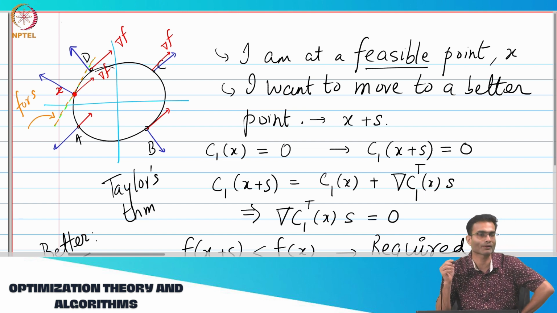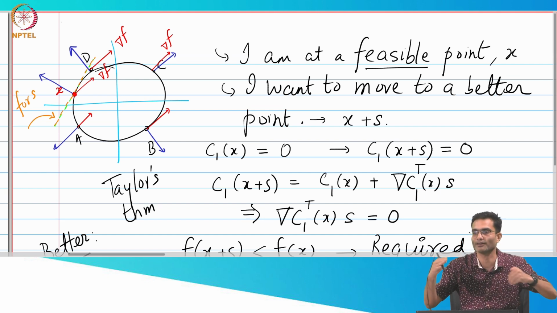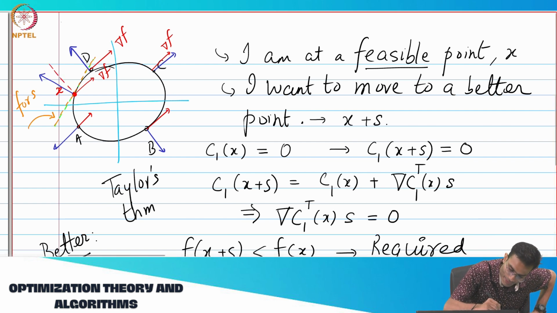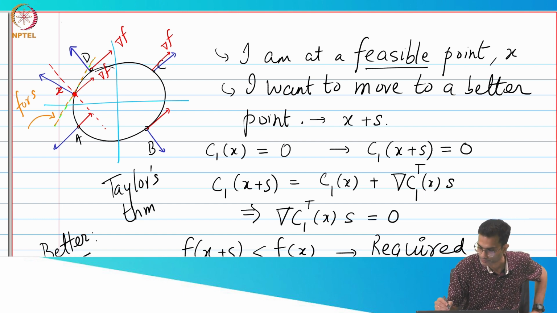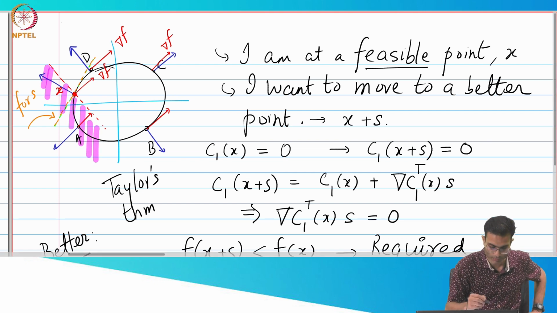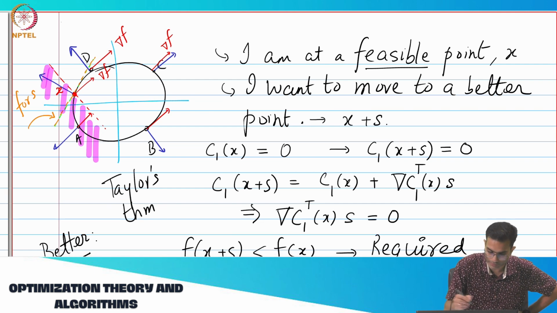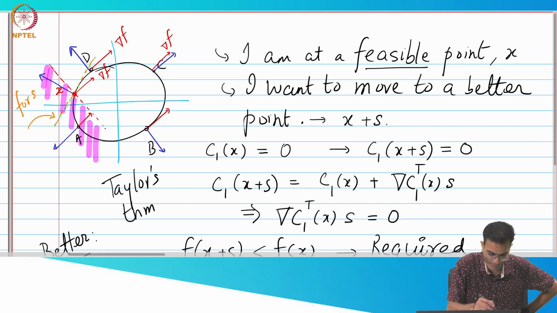So how do I quantify this? The geometry of grad f transpose s less than 0 is basically a half plane, a half space. So if I were to draw something like this, let me try the highlighter. Basically this region, right? In this region, if I take a candidate vector that looks like, let's take black again.